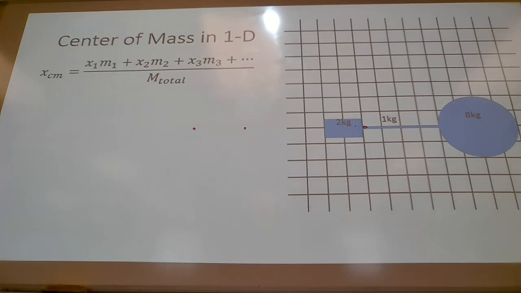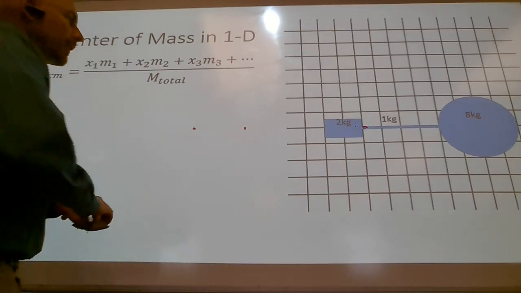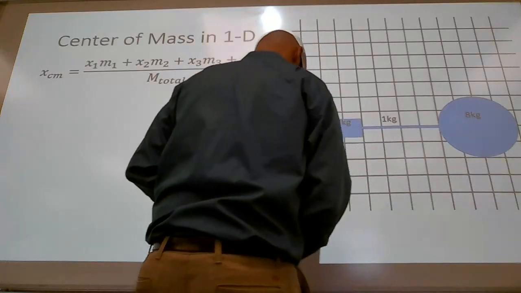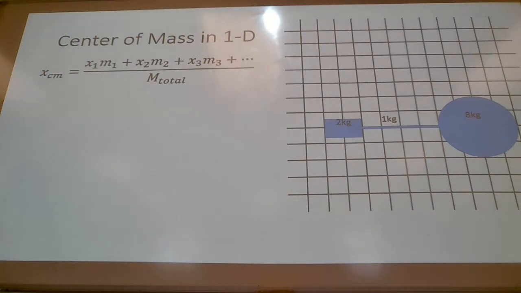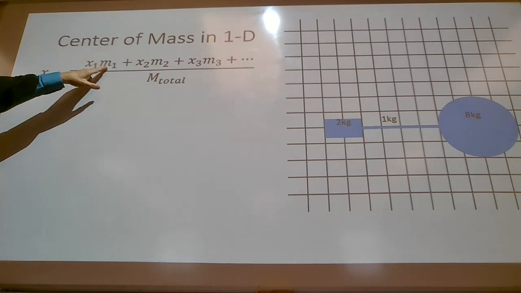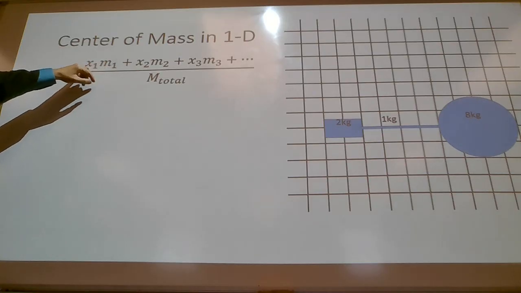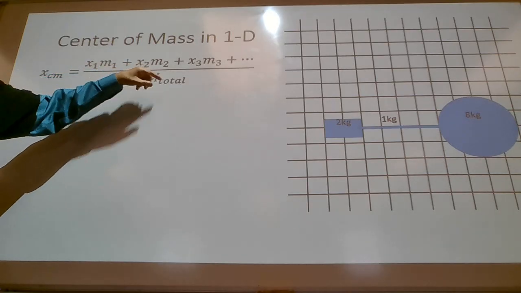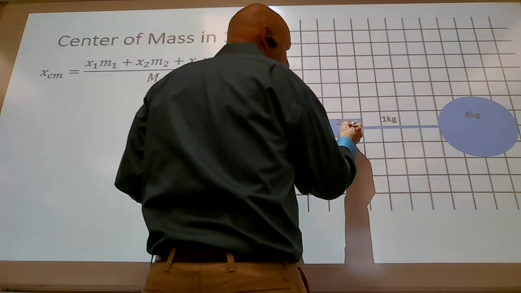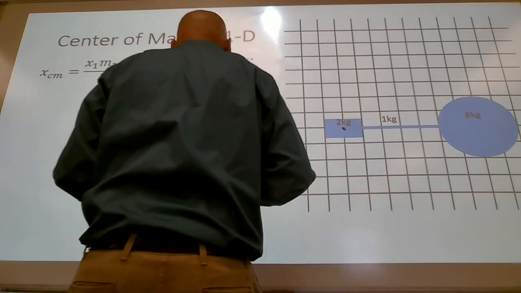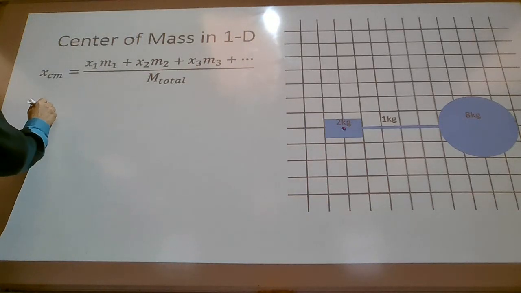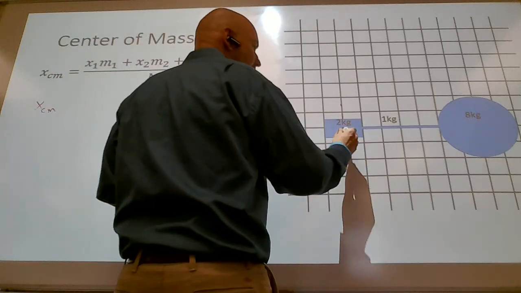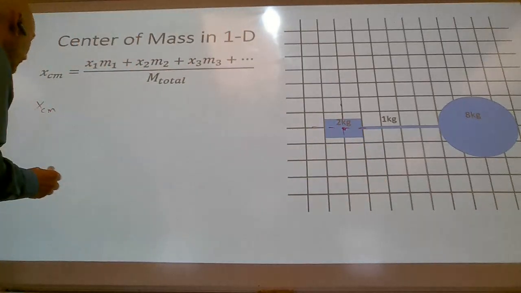Okay? If you are going to calculate the location of the center of mass, you're going to use this equation here. It is the mass of one of the objects, simplified down to a point mass, times the distance away from your origin, whatever you want your origin to be. So I'm going to pick this point here to be my origin.